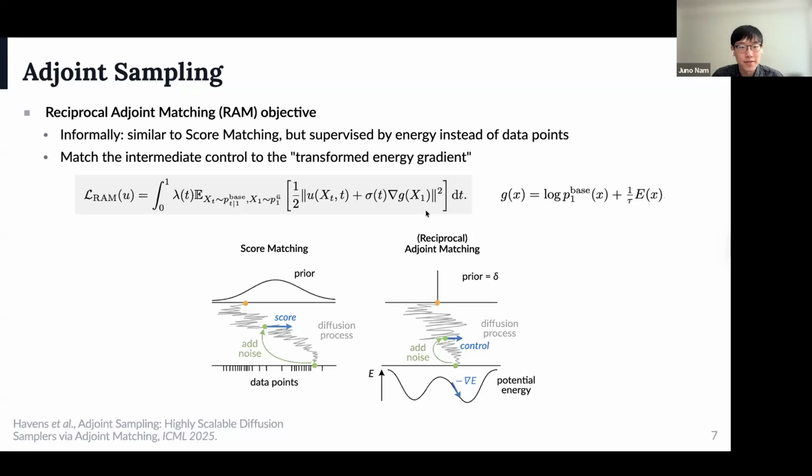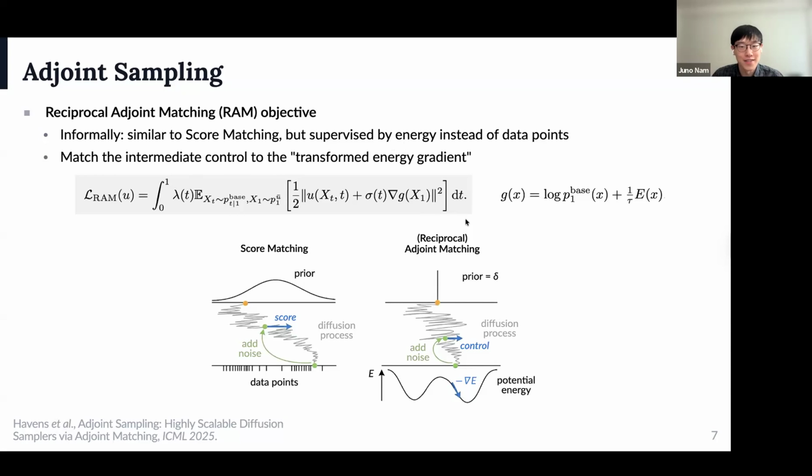So this kind of training scheme is very efficient for diffusion samplers and has been extended to a range of different other objectives.